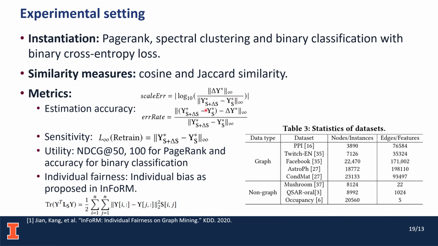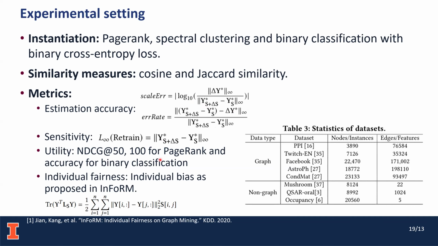And for the Y star below, we rerun the whole algorithm by adding delta S to the original similarity matrix and take the difference between the one after adding perturbation and the original one as the ground truth. So these two metrics, scale error and error rate, estimate how accurate our estimation delta Y star is with respect to the ground truth given by rerunning the whole algorithm again.